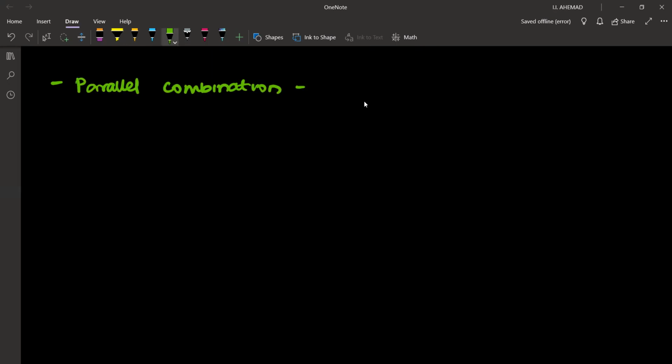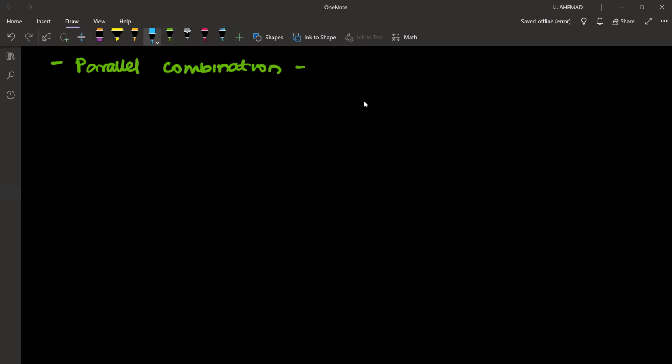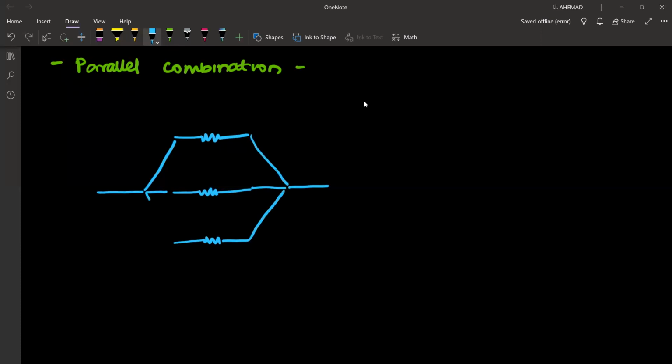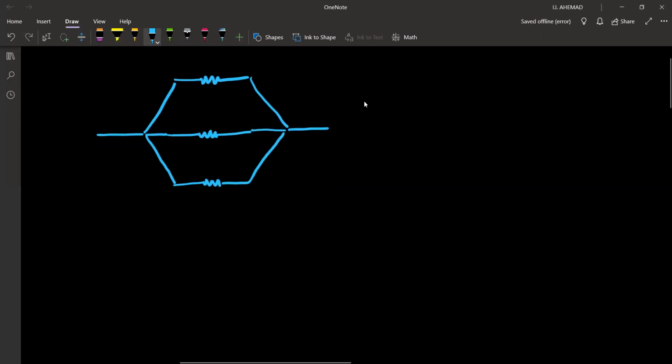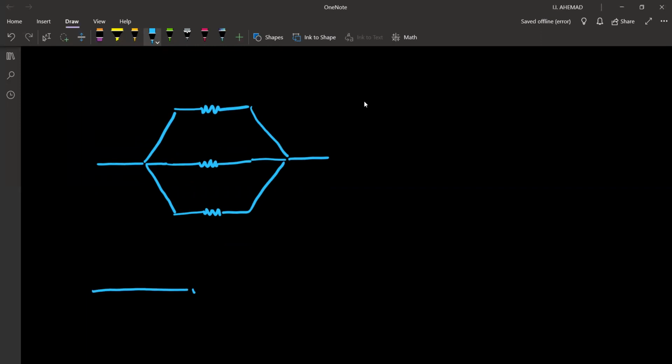So in parallel combination, let's say we have three resistors, R1, R2, and R3, and R equivalent.